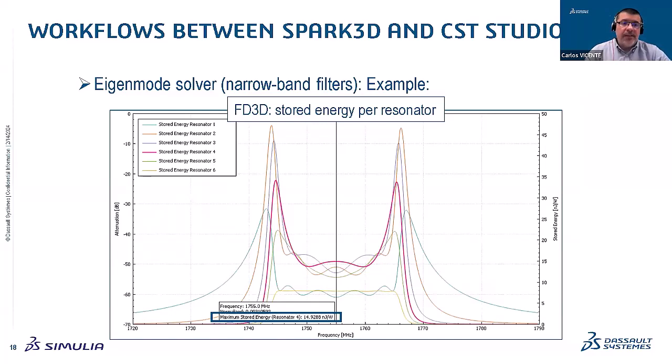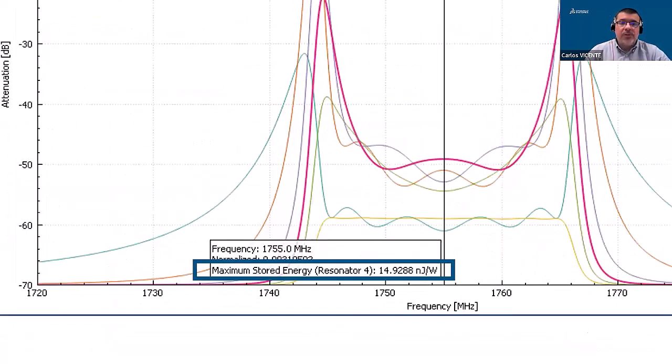I'm selecting this center frequency, and the maximum of the stored energy is this value here at cavity number 4. And this is the number I will use in Spark 3D to convert the eigenmode fields to fields once the cavity is inserted into the filter.